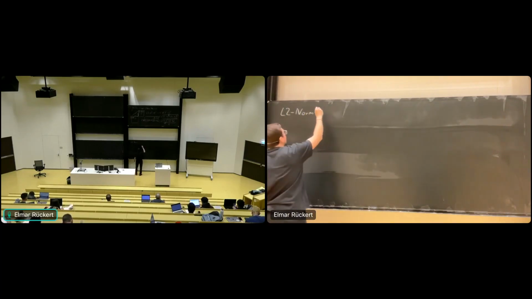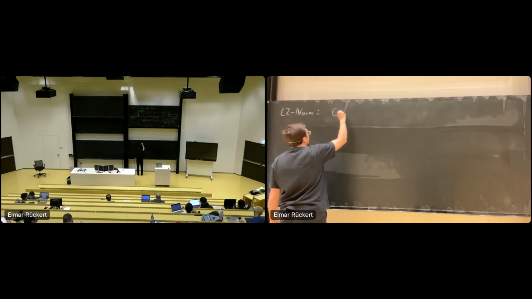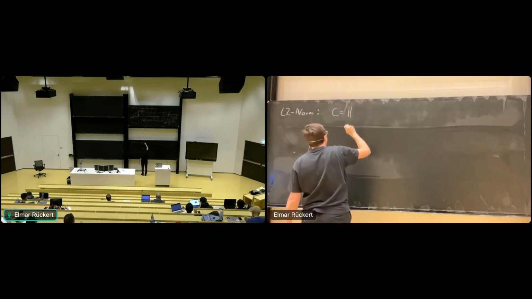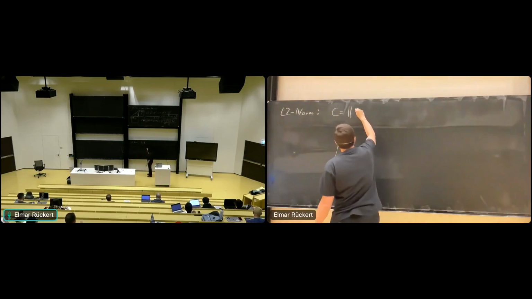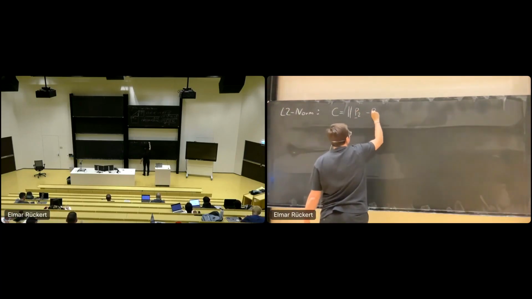So we call this the L2 norm. Where our distance C is given by the difference between these 2 points, P2 minus P1.